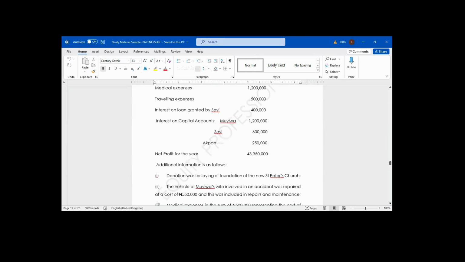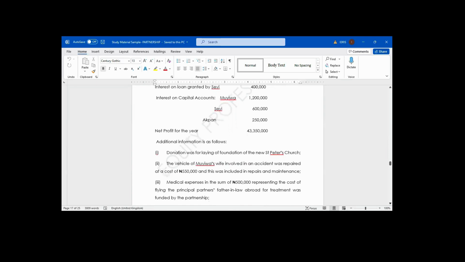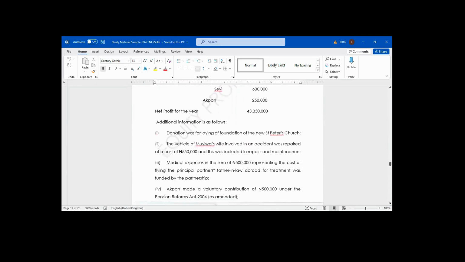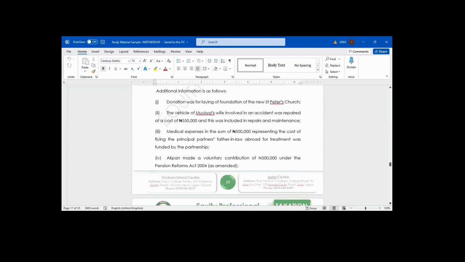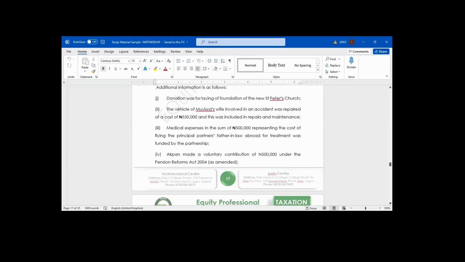Additional information is as follows. Donations was for laying of the foundation of the new St. Peter's Church. The vehicle of Muyiwa's wife involved in an accident was repaired at a cost of 550,000, and this was included in repairs and maintenance. Medical expenses in the sum of 500,000 representing the cost of flying the principal partner's father-in-law abroad for treatment was funded by the partnership.